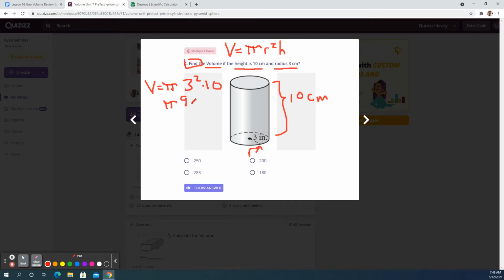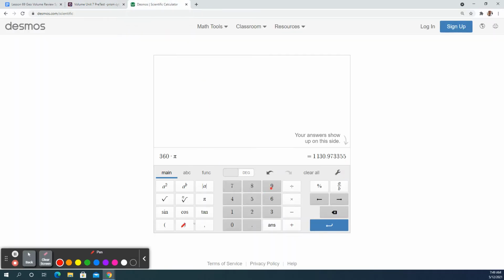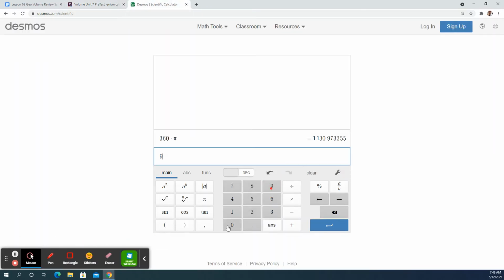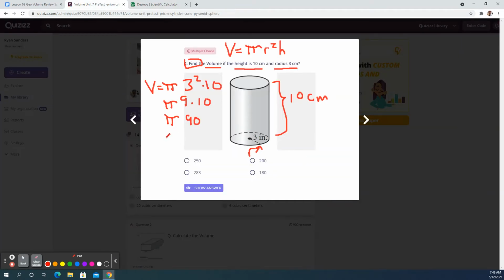Exponents first. 90 times pi. 282.74. And 282 is approximately 283.